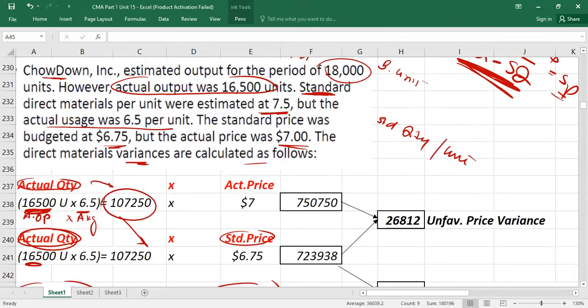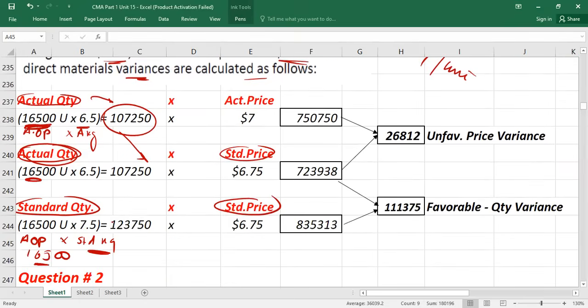Standard kg is standard direct material per unit, estimated 7.5. That I will multiply here. So 16,500 times 7.5 is going to give you 123,750 as the standard quantity. Actual price is given in the question as 7. Standard price is given as 6.75.